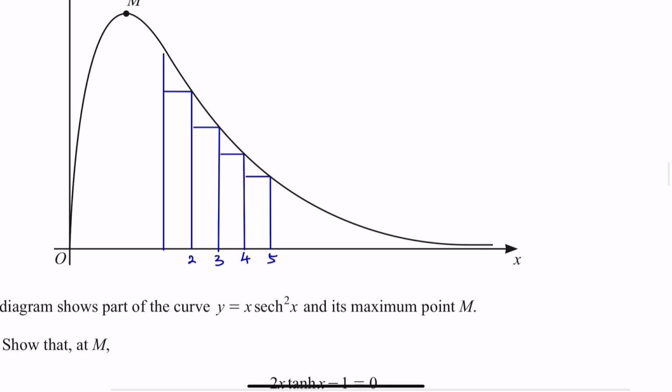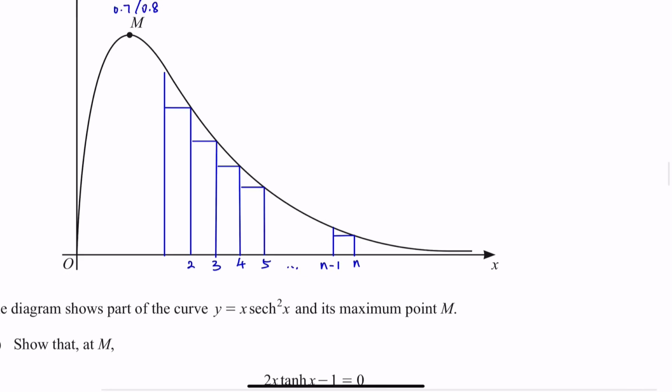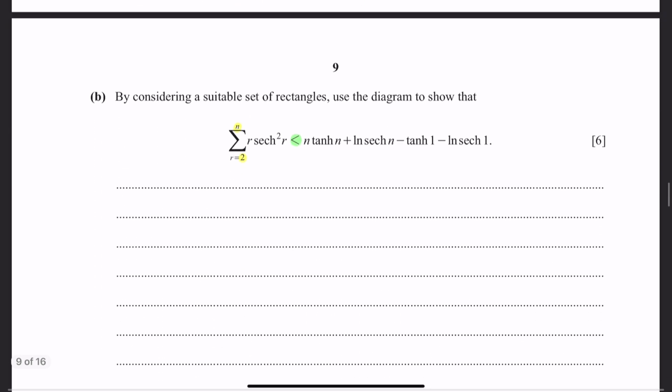And towards the end, we would have n here and n minus 1 here. So we can start doing this.